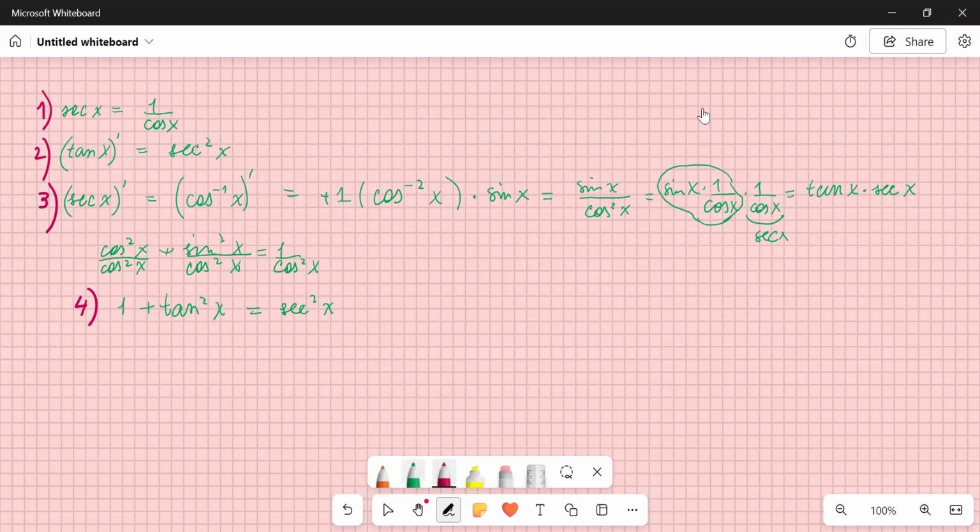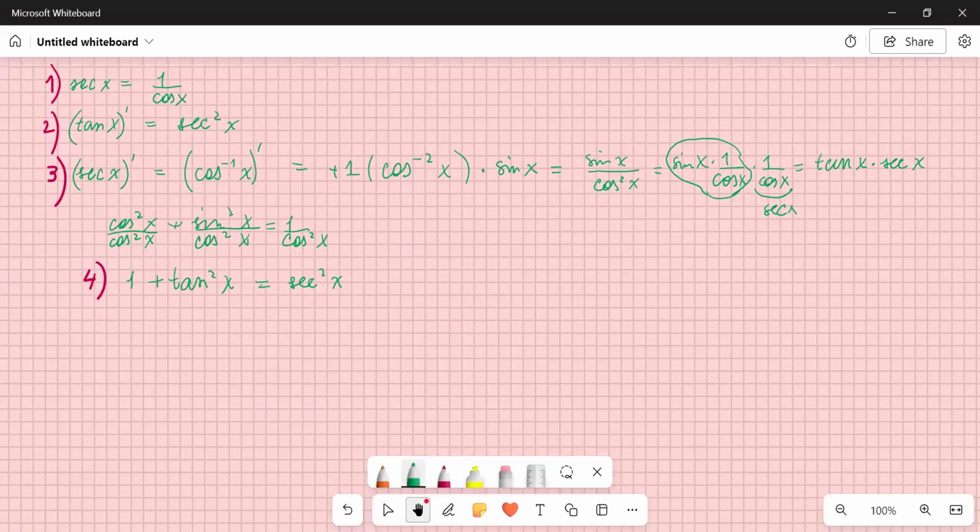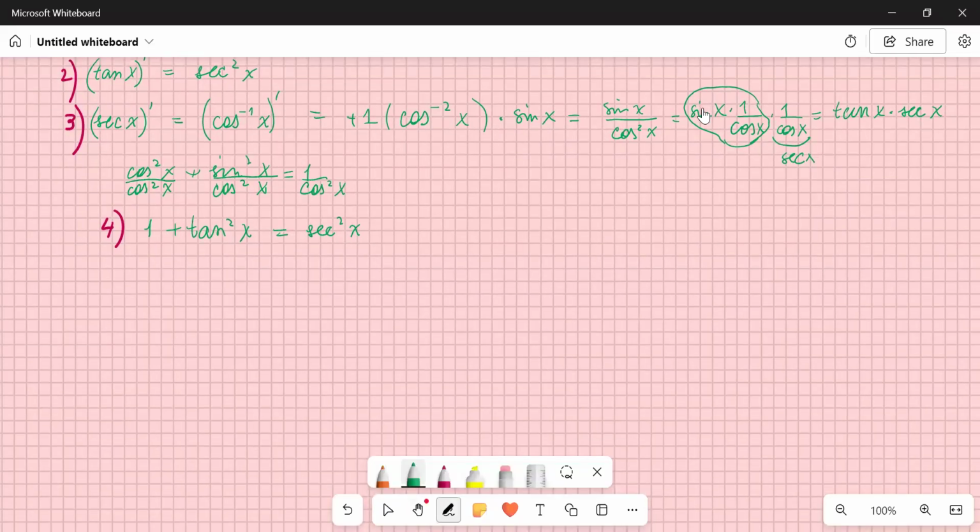Okay, so let's see how all this is going to help us calculate integrals. I'm going to start with something simple, and I'm going to start numbering examples from 1 again, just because I don't remember what the last example was.